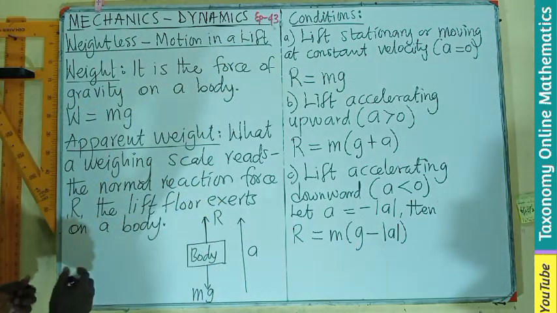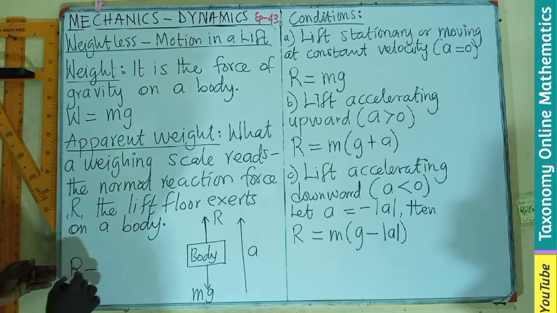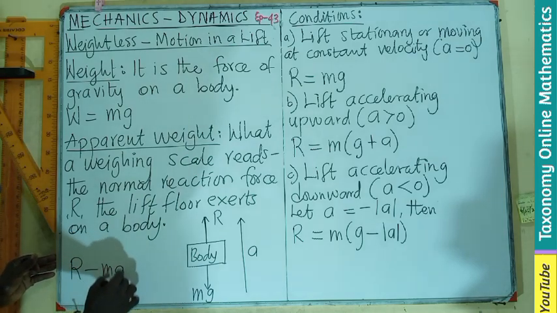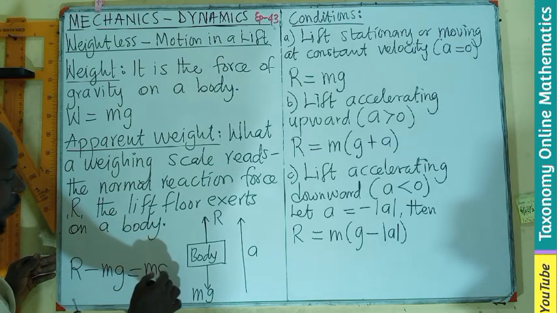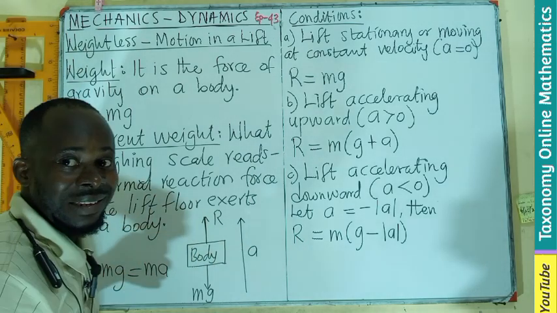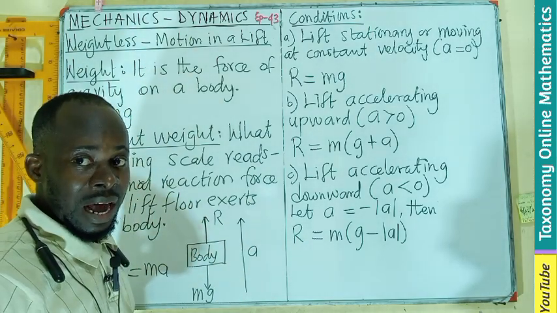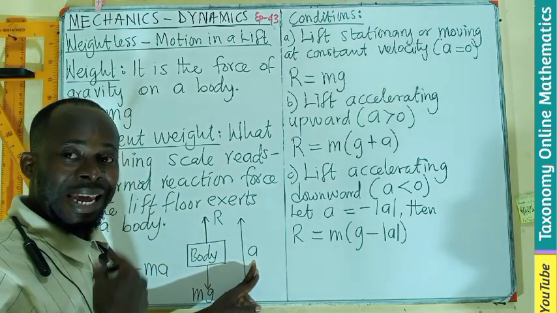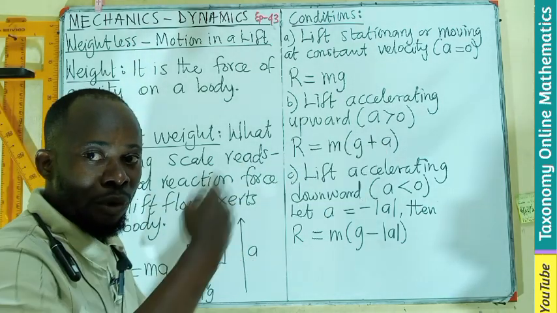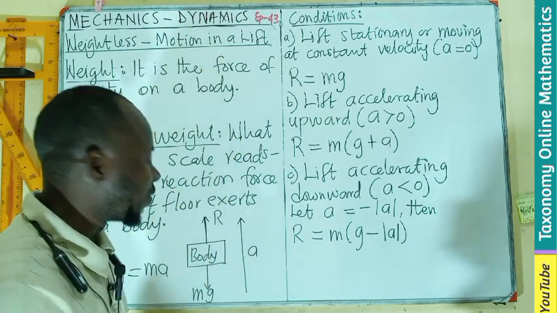So we have R minus mg equals ma. The g is the acceleration due to gravity already available on the earth. The a is the acceleration of the body, the movement of the lift that is moving.